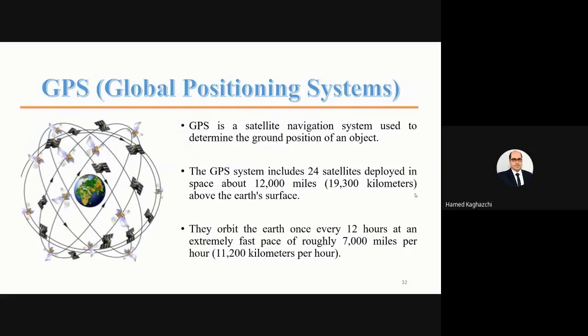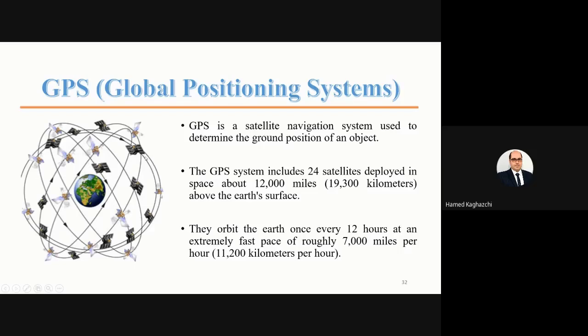GPS, or Global Positioning System. This GPS determines the position of an object on the ground using information transmitted from satellites. These are the satellites that you can see here.